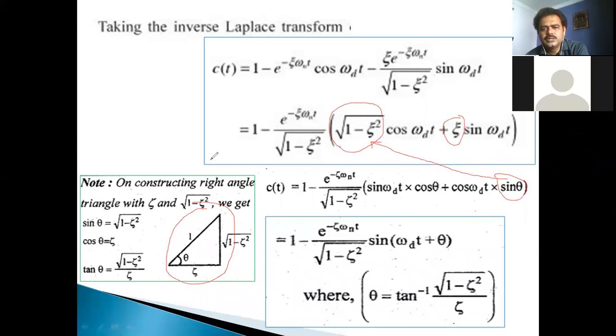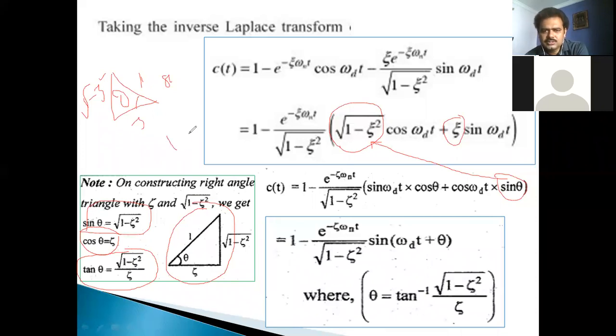Construct a right angle triangle so that you will get θ here, with sides under square root of 1 minus ζ², ζ and 1. If we add the squares of these two sides, you will get a unit value. So from this triangle, we can express sin θ is equal to under square root of 1 minus ζ², cos θ is equal to ζ, and we can also write tan θ is equal to under square root of 1 minus ζ² by ζ. Simply using this right angle triangle, we can replace this term.